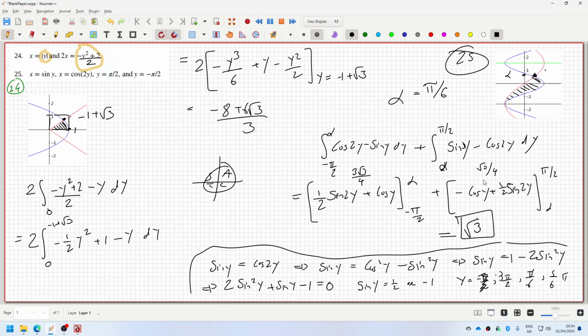So I've done something wrong with the integration, of course. Sine y becomes minus cos y. And my sign mistake.